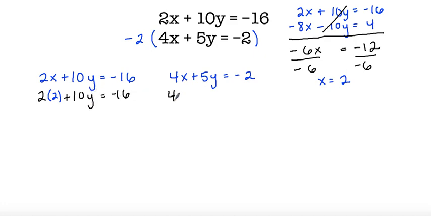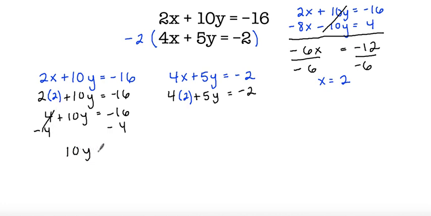And here we have 4 times 2 plus 5y is equal to negative 2. And so we end up with 2 times 2, which is 4, plus 10y is equal to negative 16. Subtract both sides by 4. So 10y is equal to negative 20. And so if we want to get y by itself, we have to divide both sides by 10. So y is equal to negative 2.